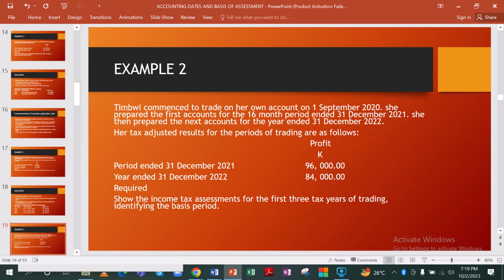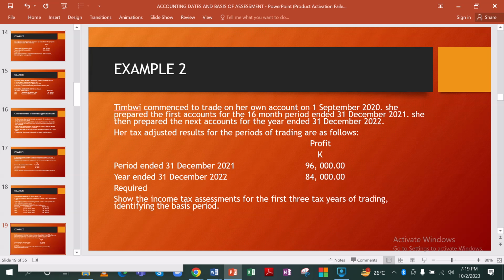Timbwi commenced to trade on her own account on 1st September 2020, and we are told that she prepared the first account for the 16-month period ended 31st December 2021. She then prepared the next account for the year ended 31st December 2022. Her tax adjusted results for the period of trading are as follows.